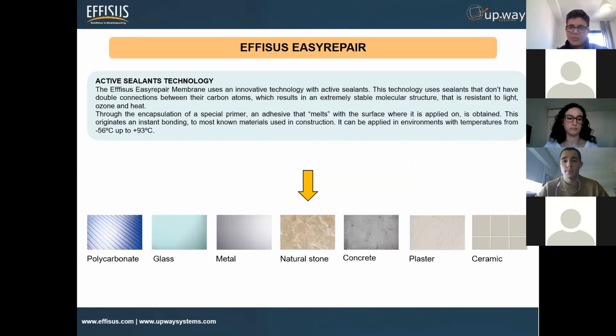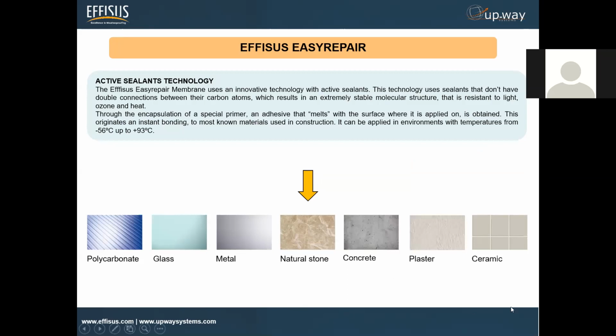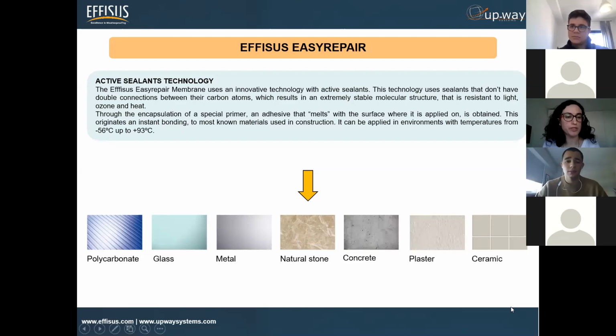Mar, could you please highlight how this Easy Heat Pad works, how the technology is made? Yeah. Good morning, everyone. Today we are talking about a very innovative solution. It's really simple because it's just a membrane and we don't need anything else to apply it or transport it. How it works: it's a laminate membrane.